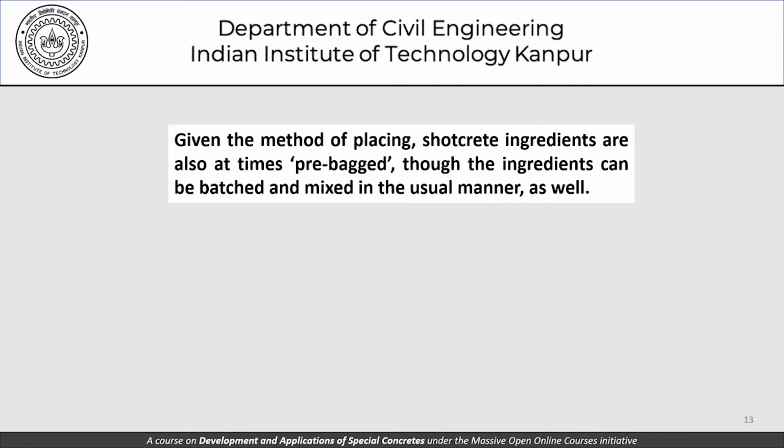Pre-bagging means we have a bag of pre-mixed shotcrete material, that is sand, cement, and whatever coarse aggregate is required, that can all be put together in certain proportions and sold in a pre-mixed bag, with the prescription that for each bag you use a certain amount of water, either with the concrete at the time of mixing and then doing the shotcrete, or adding that amount of water at the nozzle through an appropriate arrangement for the dry mix process.